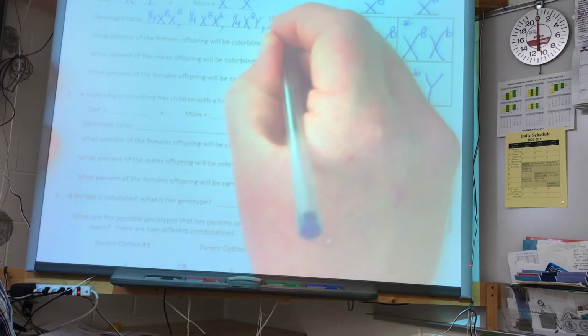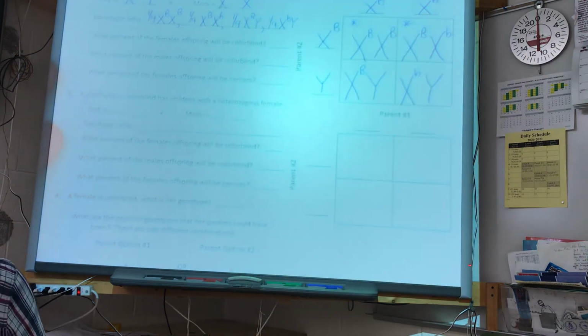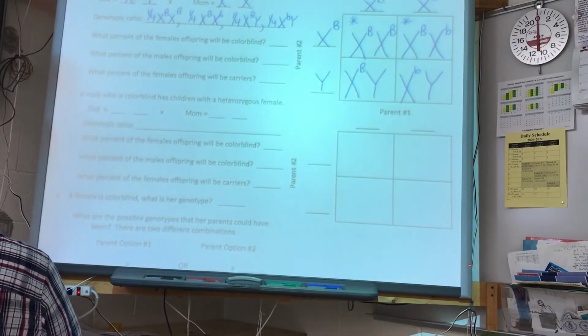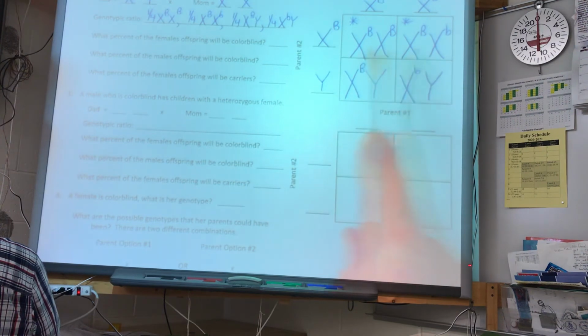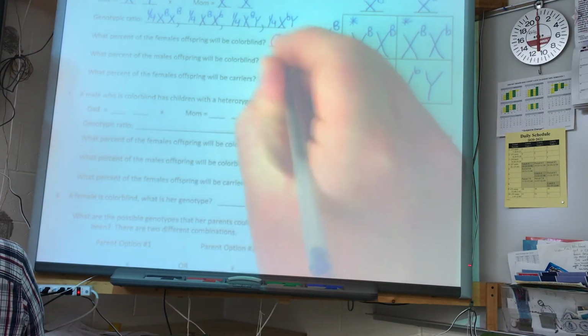Of the 2 boxes that Mr. DeBoer starred to represent the females, how many females are going to be colorblind? Remember, a female has to be little b, little b. So how many of them are going to be colorblind? 0. None of them. No females are going to be colorblind.